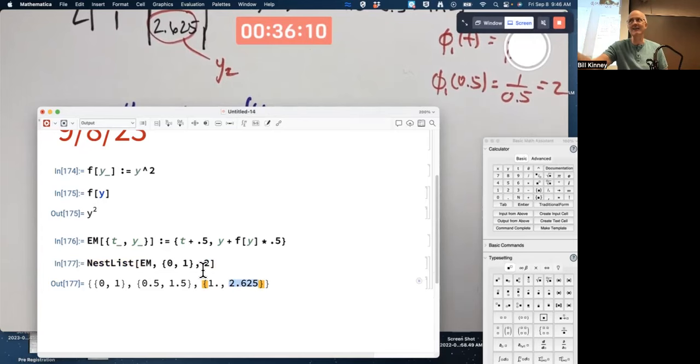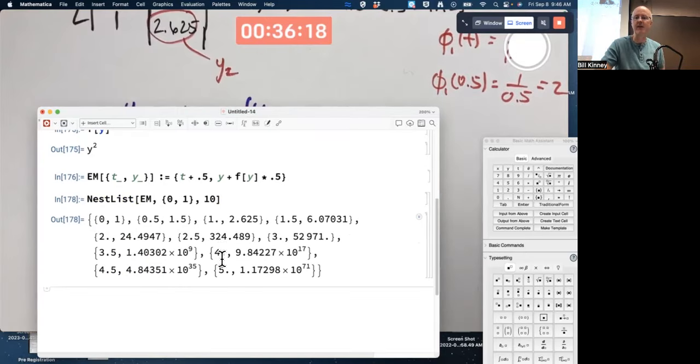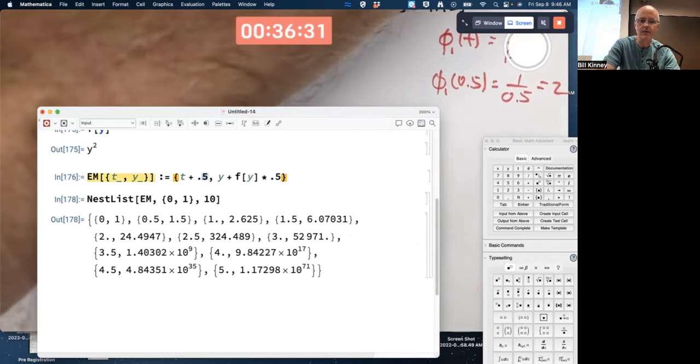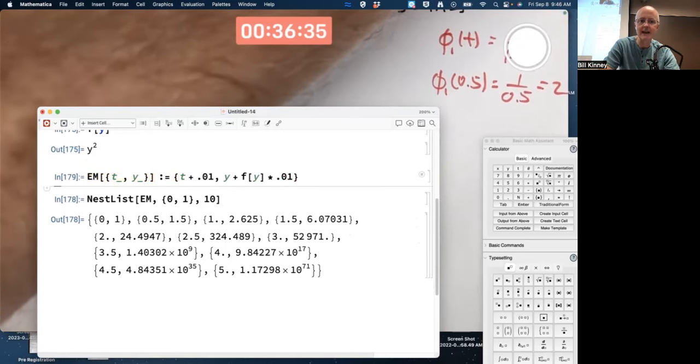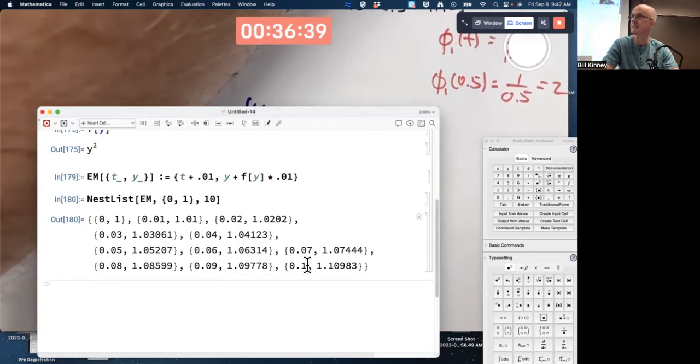Again, Mathematica's Euler's method doesn't know there's a vertical asymptote. You could be very, very bad here and continue going on, say 10 steps, and get very bad answers. This is not reflecting what's going on with the solution. Though it is growing, we're still missing that vertical asymptote. I could change delta t to say 0.01, re-enter this, and after 10 steps, that's probably pretty accurate.